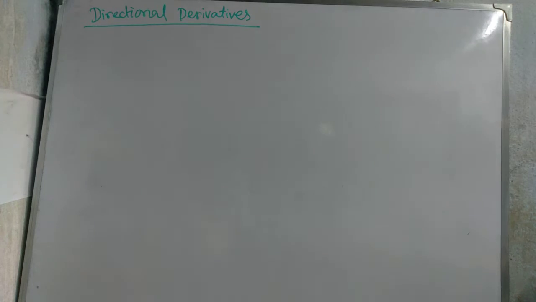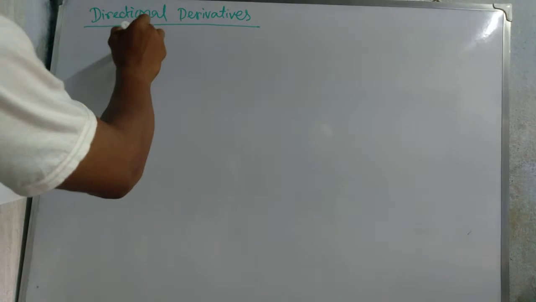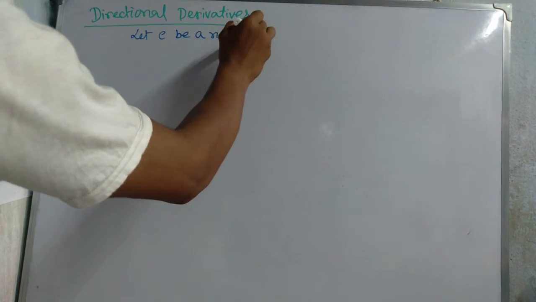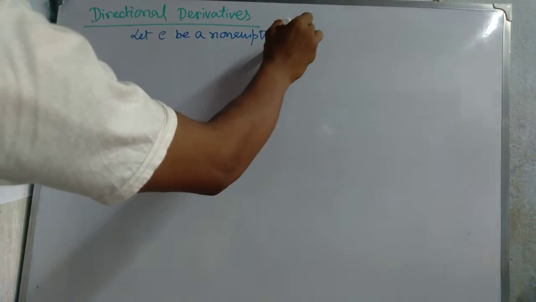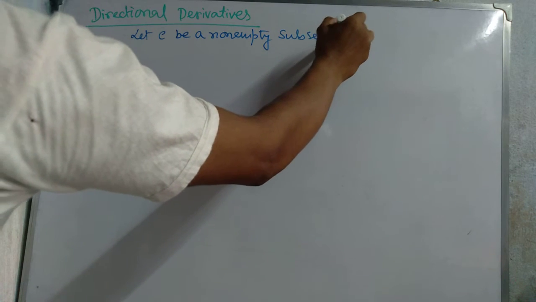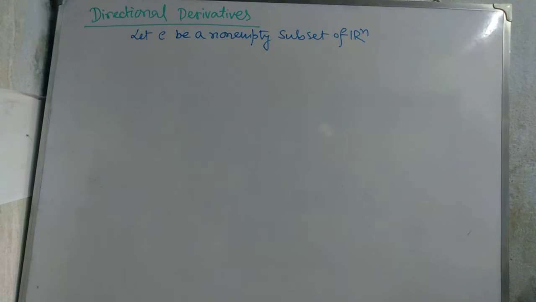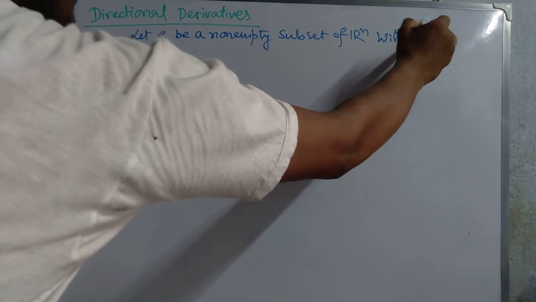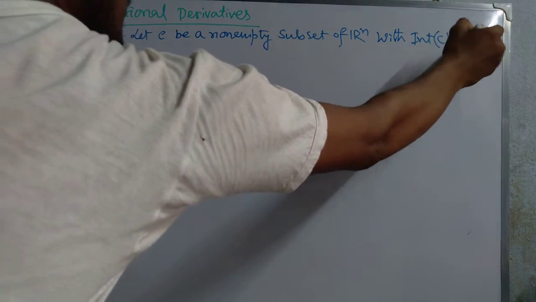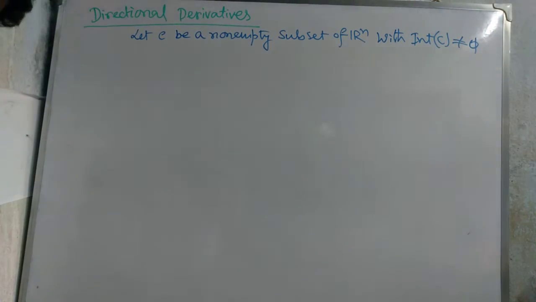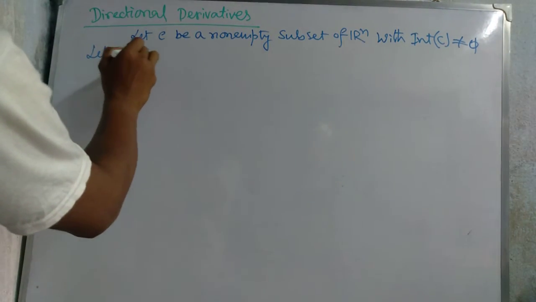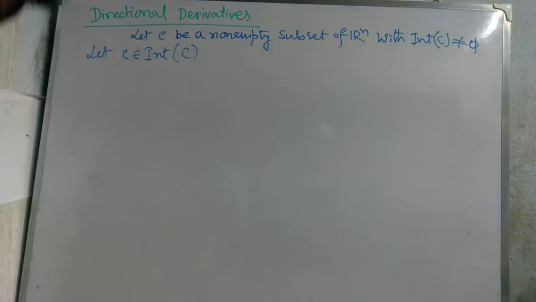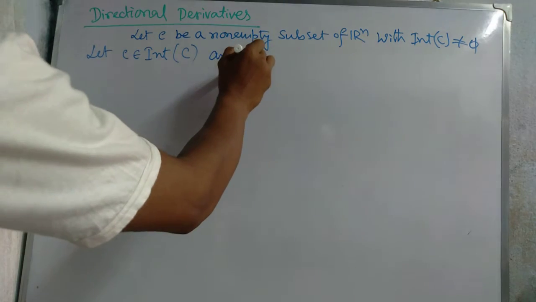Let C be a non-empty subset of Rn with interior of C not equal to phi. Let c belong to interior of C and u belong to Rn.